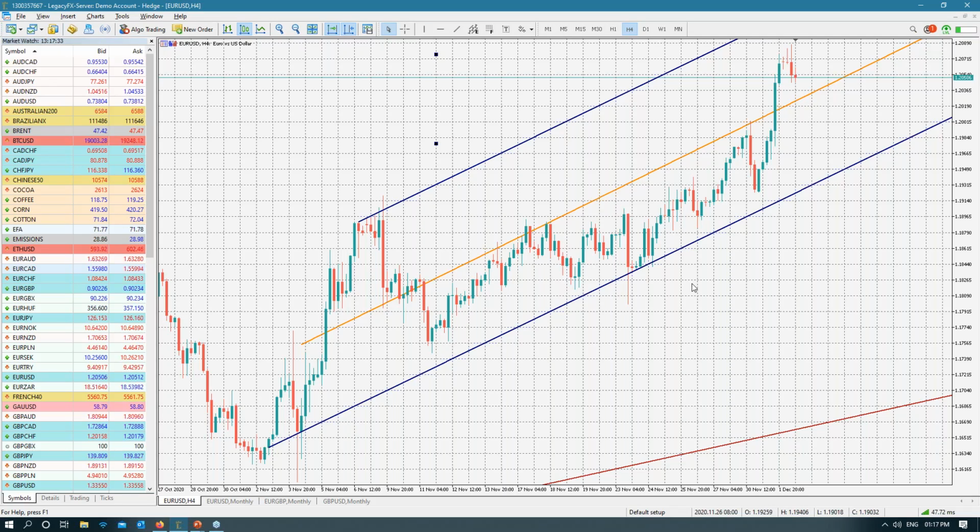Although we're having an upward movement in euro US dollar, it is predominantly on the southern side of the channel. So this is the most risk-free part to trade in. We want an entry point as close to this bottom line as we can get.